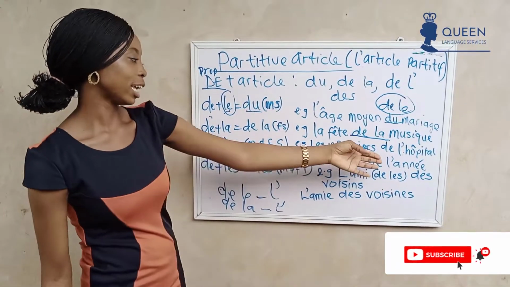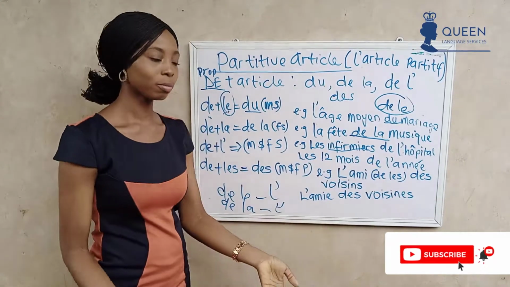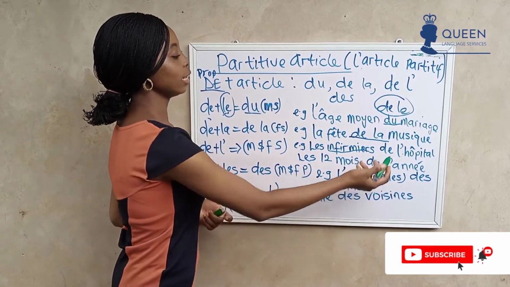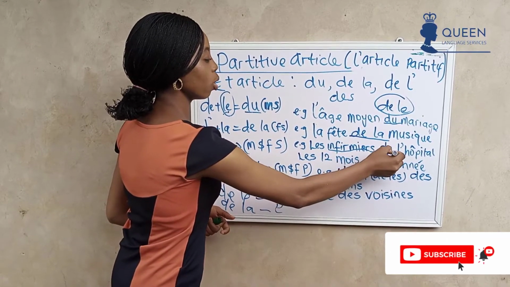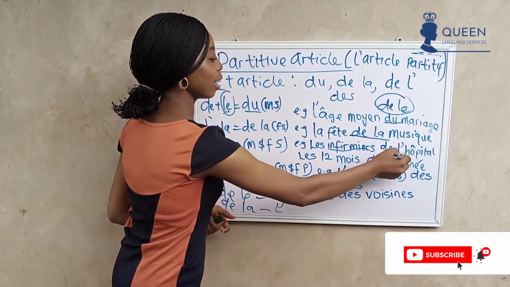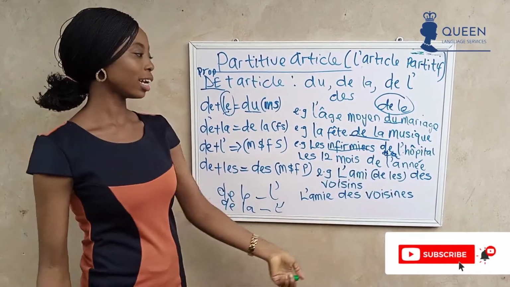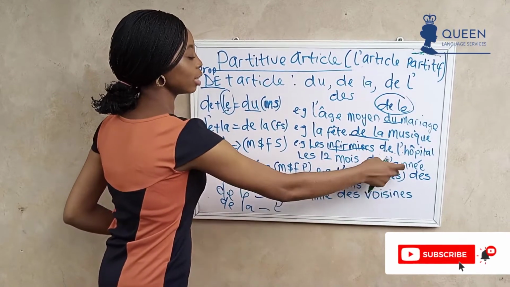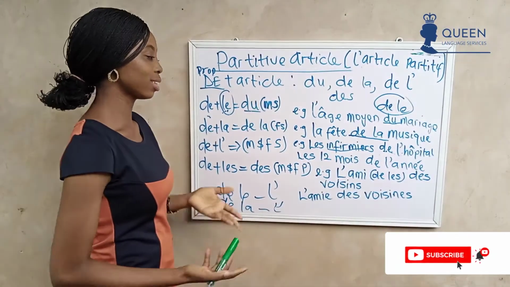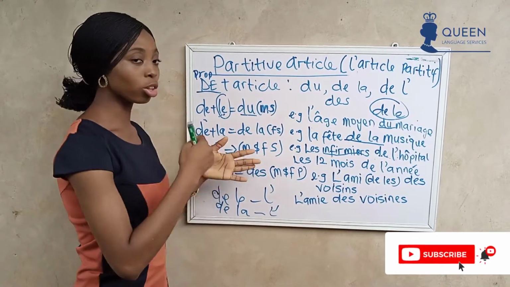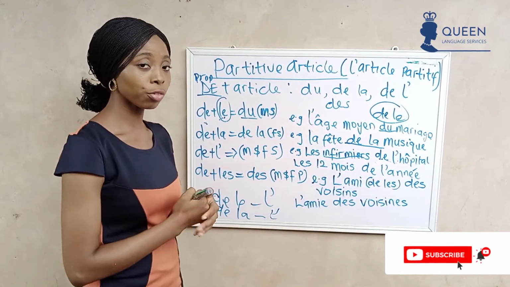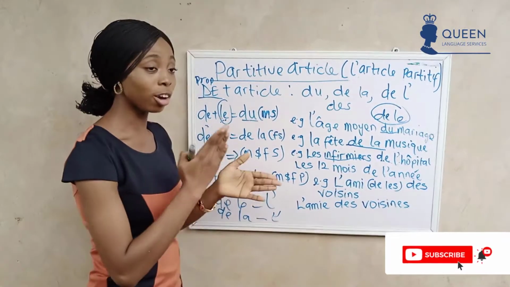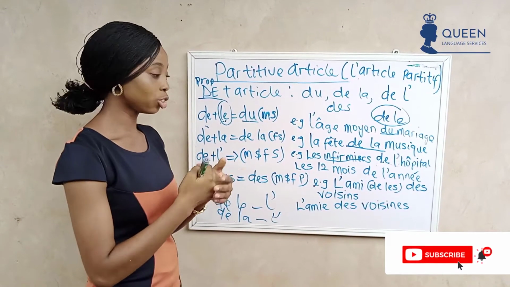So we have les infirmiers de l'hôpital. And we have another one here: les 12 mois de l'année. Normally this is meant to be de la année, but you can't have two vowels together, so one a is cancelled and it contracts that way. So our preposition de and le or la gives l apostrophe if the word coming afterwards is a vowel or a silent h. Note that.